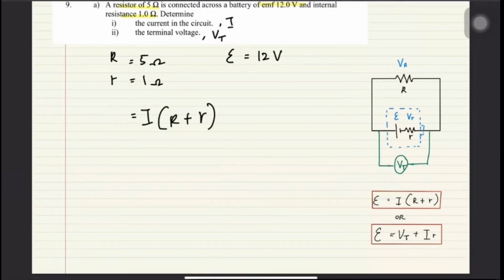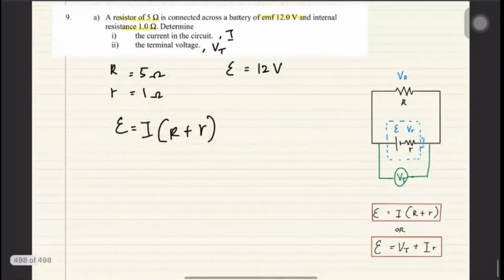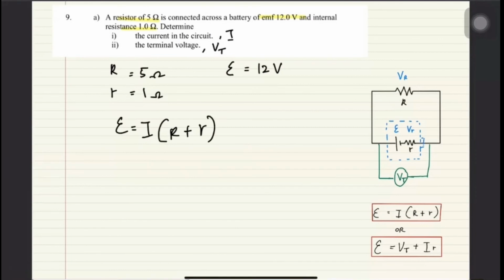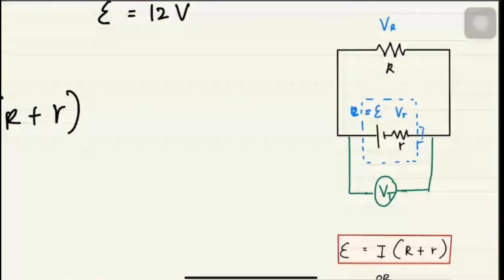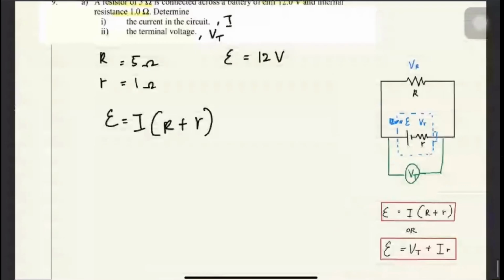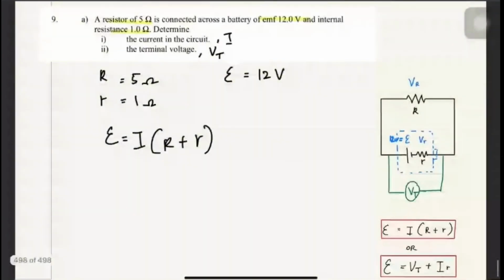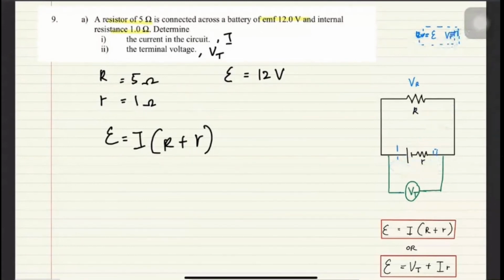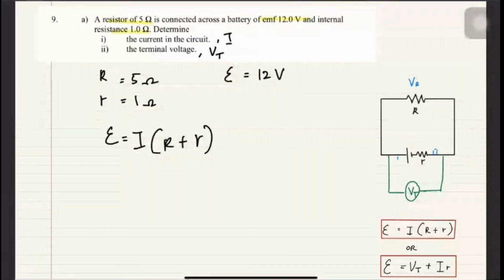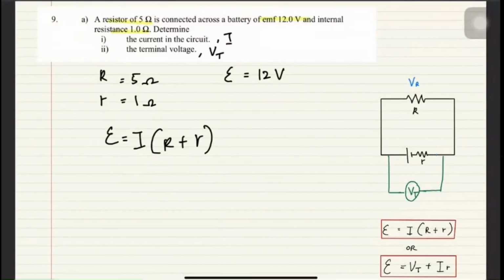If you look at the circuit, the EMF is actually over here. The small r is equal to 1. So the 12 volt is actually your epsilon.